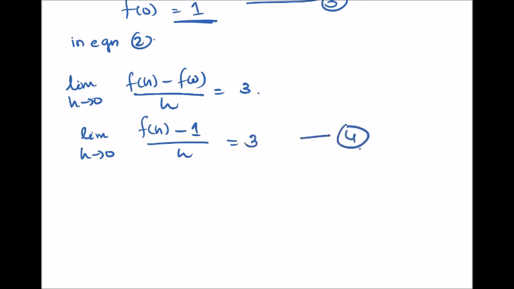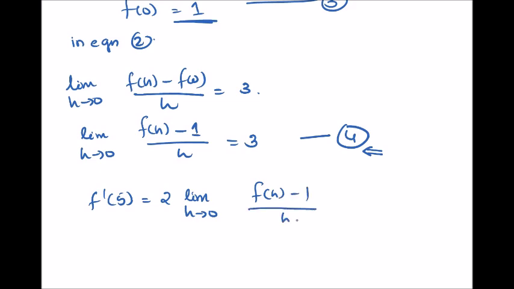Now we will put the fourth equation in equation 1. What is equation 1? F dash of 5 is equal to 2 into limit h tends to 0 f of h minus 1 divided by h.